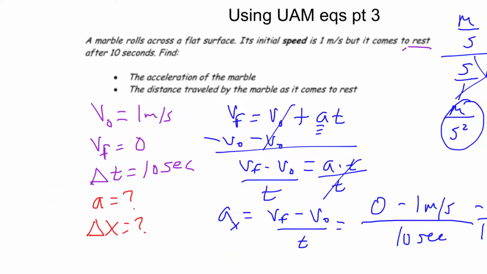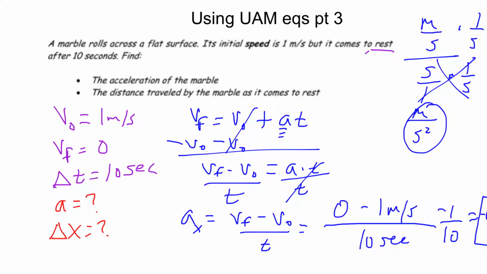Okay, so now let's figure out how far it traveled. So we've got initial velocity, final velocity, time, and we want to know displacement. We also just figured out what the acceleration is. So we have a couple of options available to us.